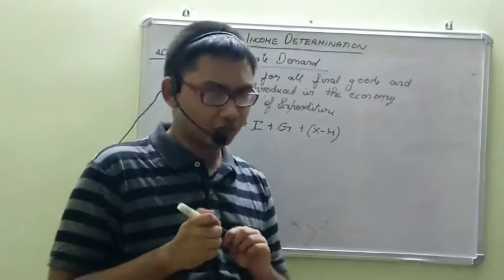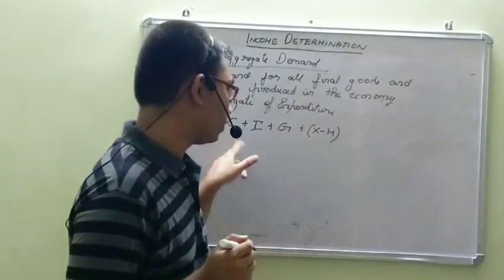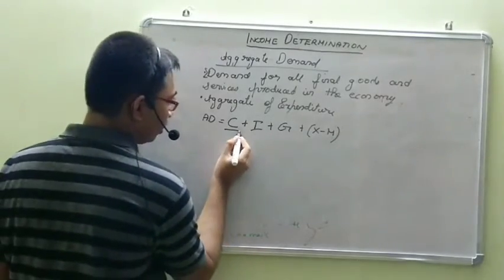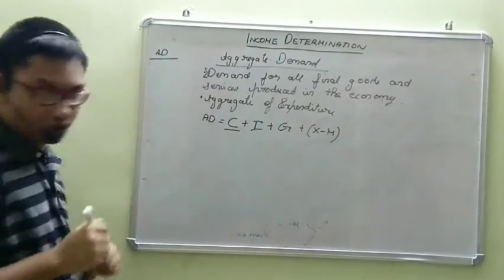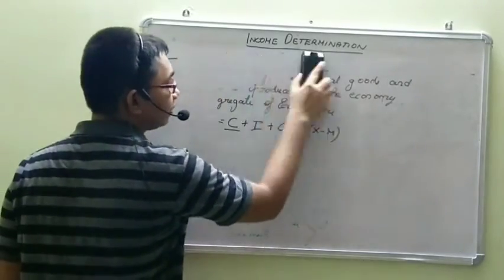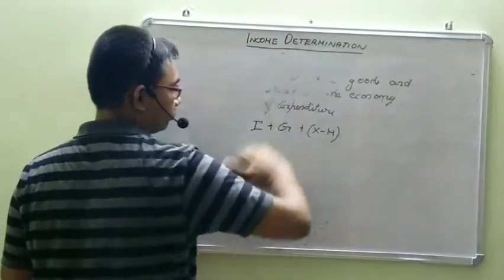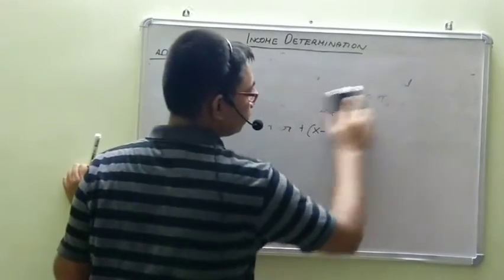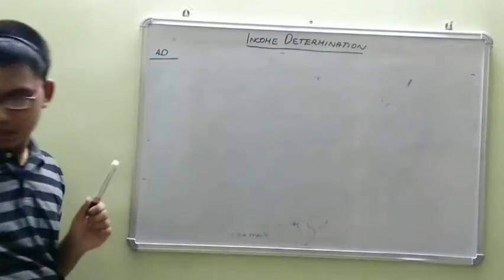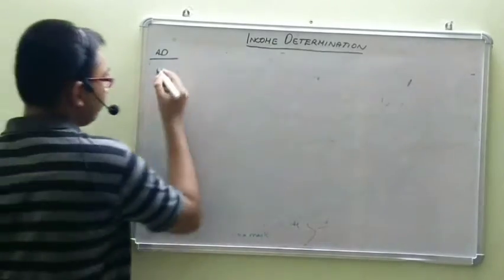However, there are a few things. We will study each of the components of AD in detail. Only then will you understand this even better. Okay, so C, consumption.